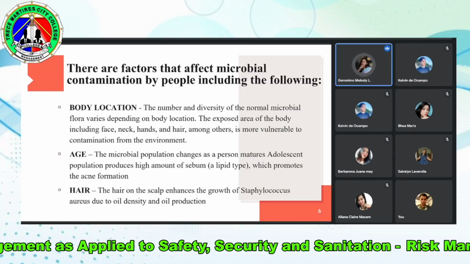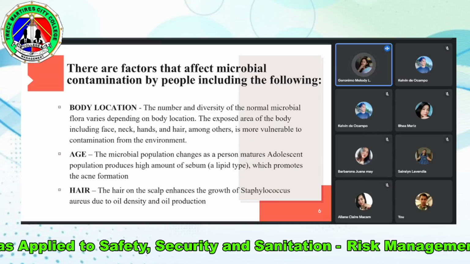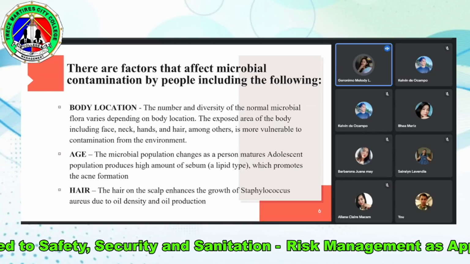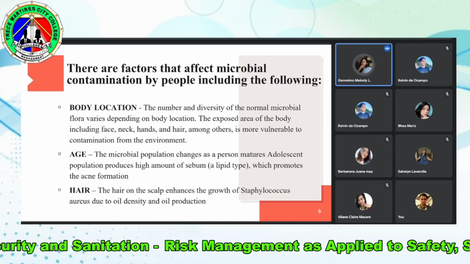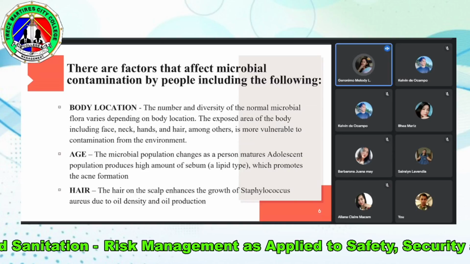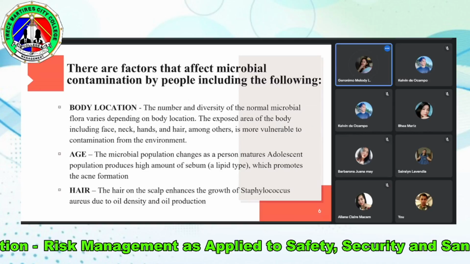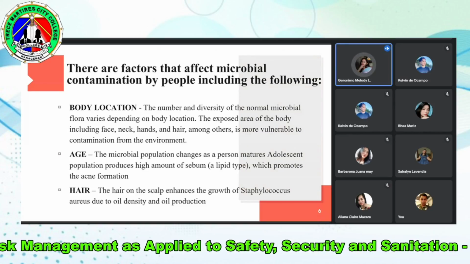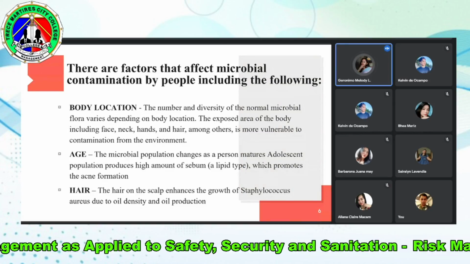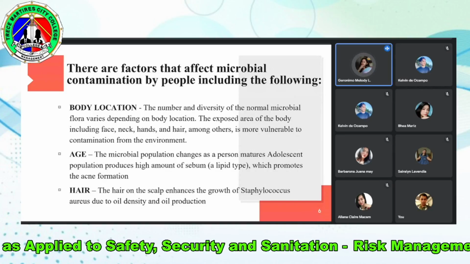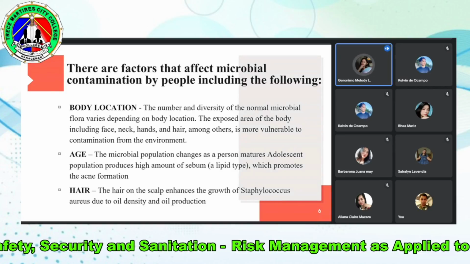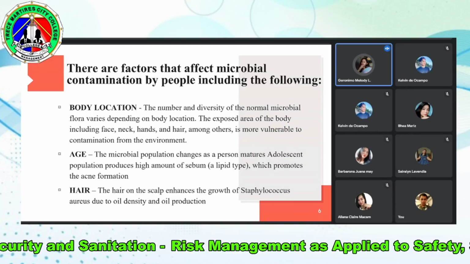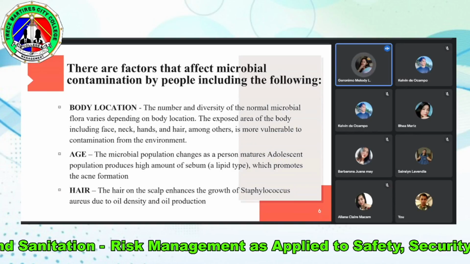Halimbawa ng mga exposed area sa ating katawan ay mukha, leeg, kamay at buhok. Ang simpleng paghawak po natin dito ay makakakuha na po tayo ng iba't ibang bakterya. Kaya we should avoid touching these exposed areas, lalo na kung tayo ay humahawak ng pagkain. At kung hindi man ito maiwasan, we should always wash and sanitize our hands properly before touching the food.